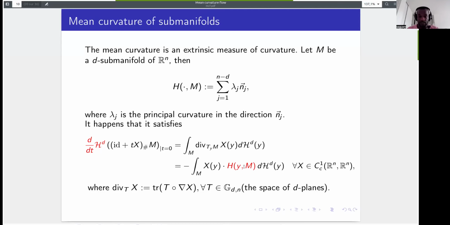Okay, so well, here I gave the divergence with respect to a tangent. So if I take a tangent T, the divergence is, instead of taking the trace of the gradient of X, or let's say the differential of X, we take the trace with respect to T, where T is a plane of dimension d. I will come back to this definition later.